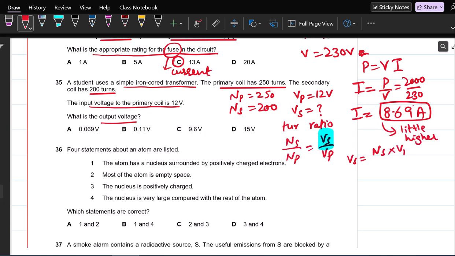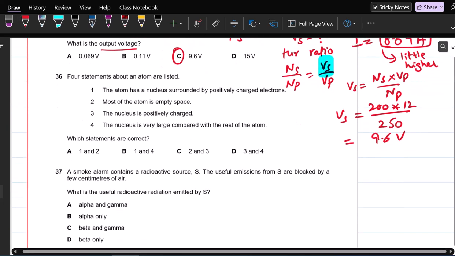So substitute the values: 200 times 12 divided by 250. If you calculate this, you are getting 9.6 volts. C is right here.